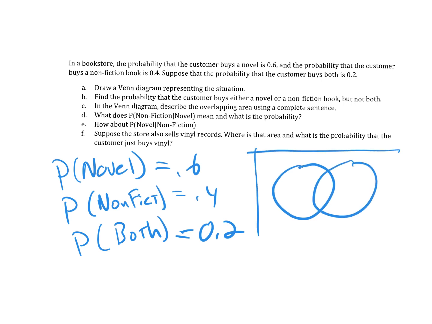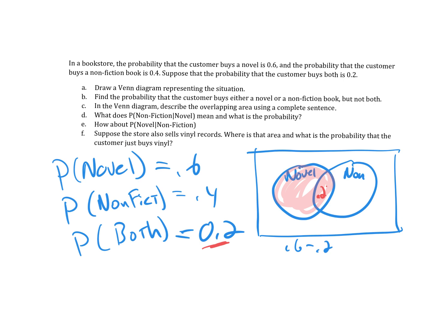We're going to label one of these novel, and the other one nonfiction, and I'll abbreviate. And then what you do is you fill it in backwards. I know that the probability of both is 0.2. Well, that's the overlapping area. And then since the probability that somebody buys a novel is that whole circle, we have to subtract off the 0.2 from the 0.6.